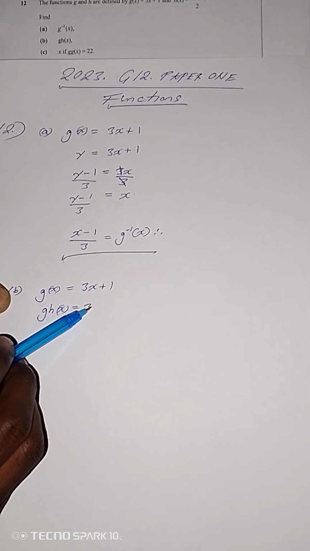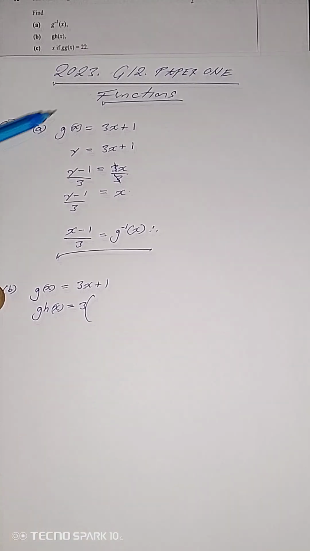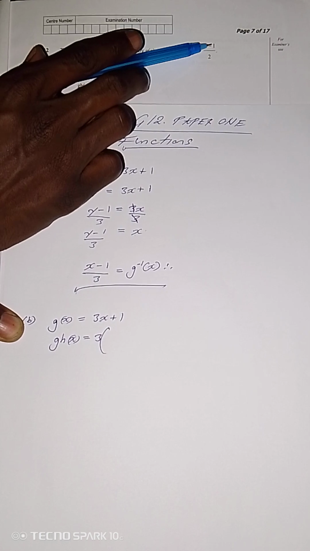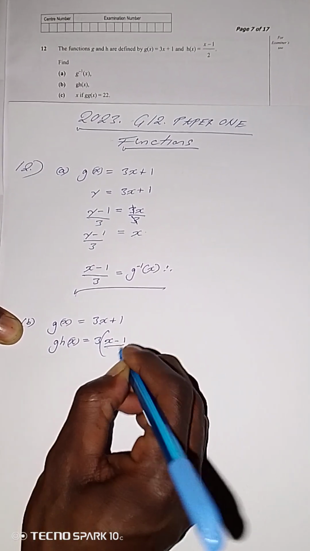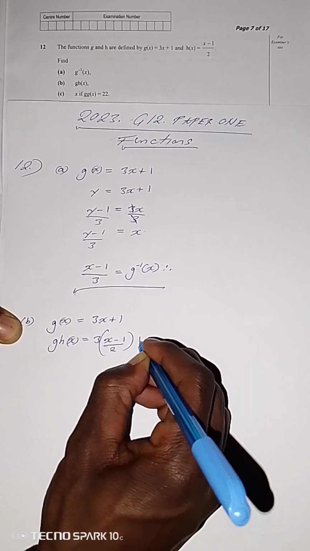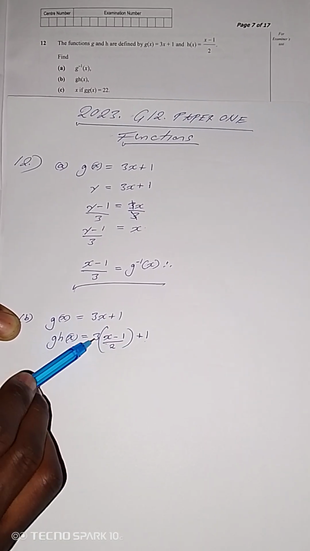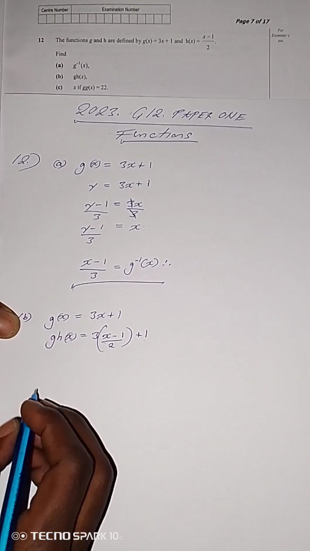This is where there is x, so you put the brackets now. You put the function for h, which is x minus 1 over 2 plus 1. This plus 1, it's here. 3, it's here. Where there is x, this is where we have substituted for h.